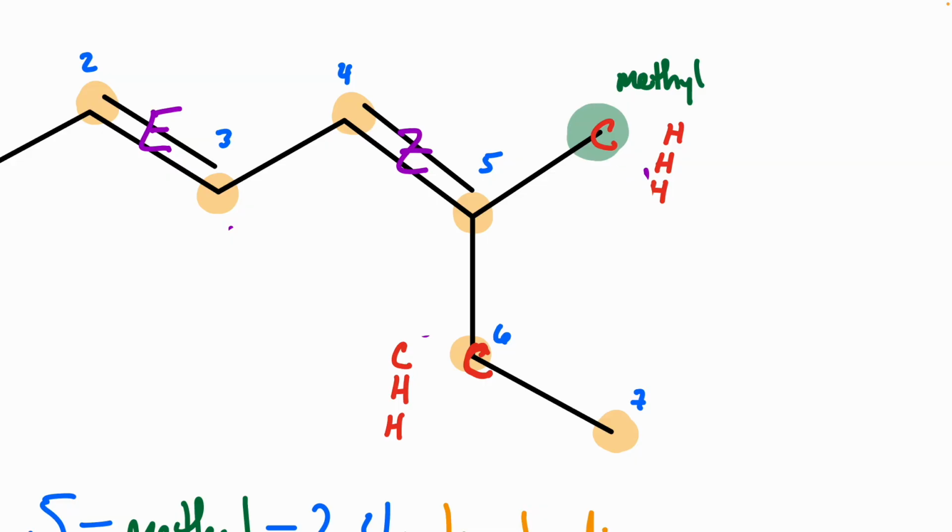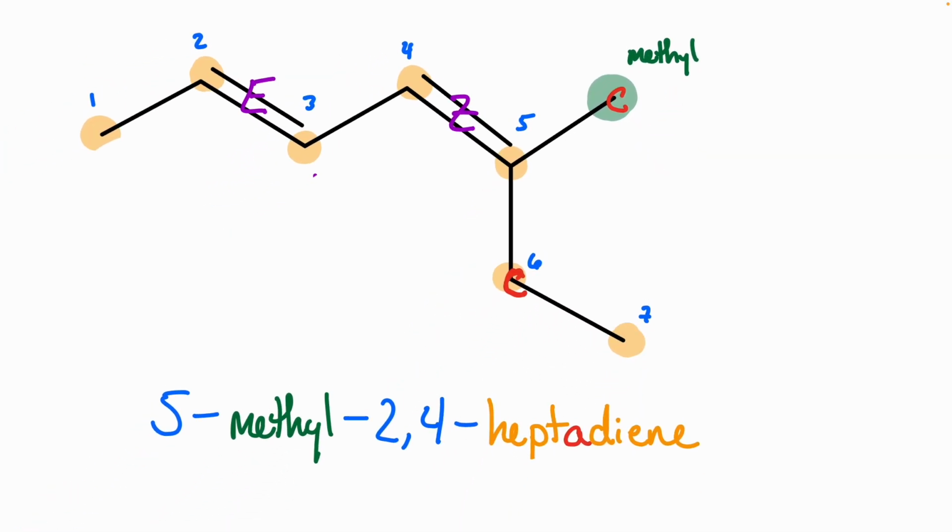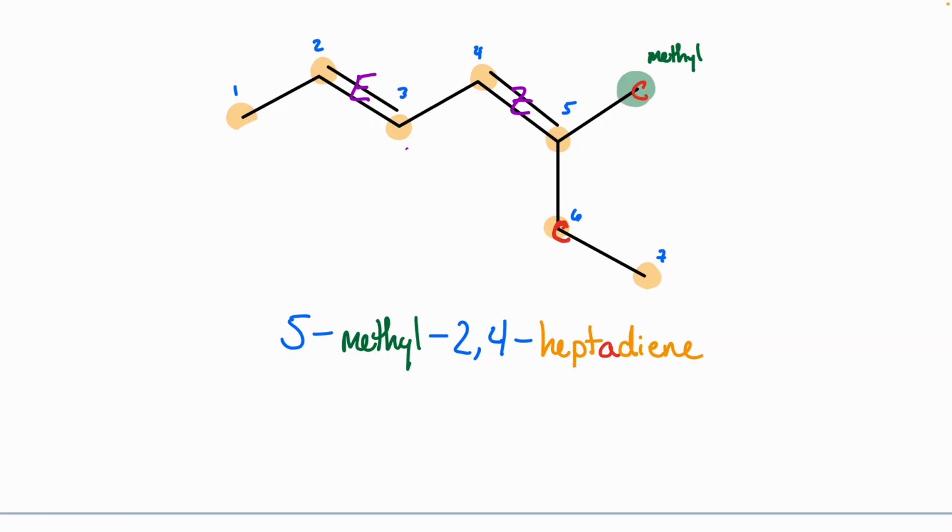All right. So now the last thing that we want to do is build this into our name. Since we have 2 of them, we're going to have to put them both out front, but we're also going to put the location of that particular stereochemistry. So this E stereochemistry corresponds to the carbon-carbon double bond between carbons 2 and 3, and the Z stereochemistry between carbons 4 and 5.